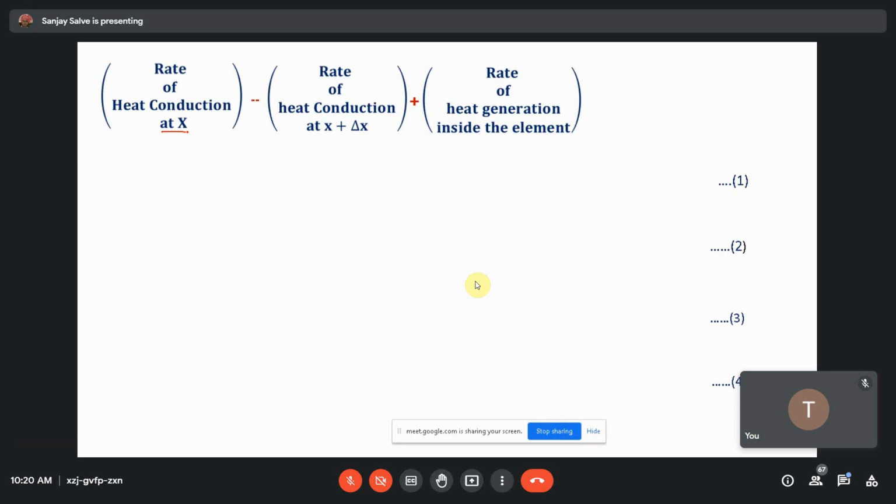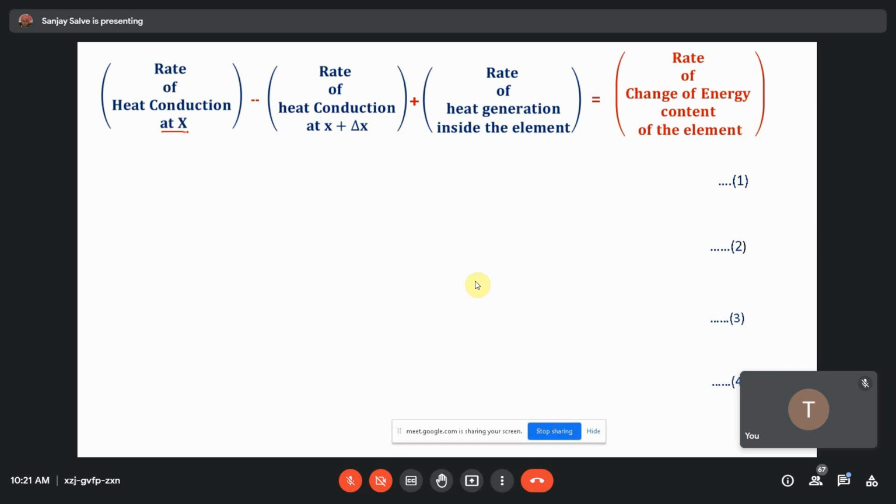So the rate of heat generation inside the element, whether a nuclear reactor, furnace, crucible, or electric wire carrying current, is equal to the total internal energy change within that element, that is, the rate of change of energy content of the element.